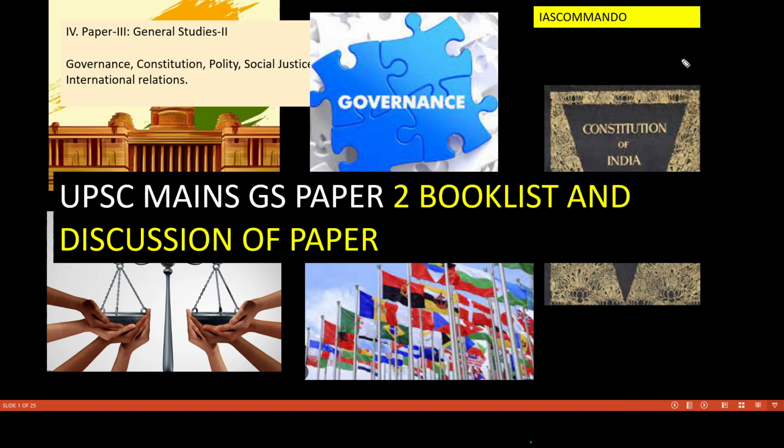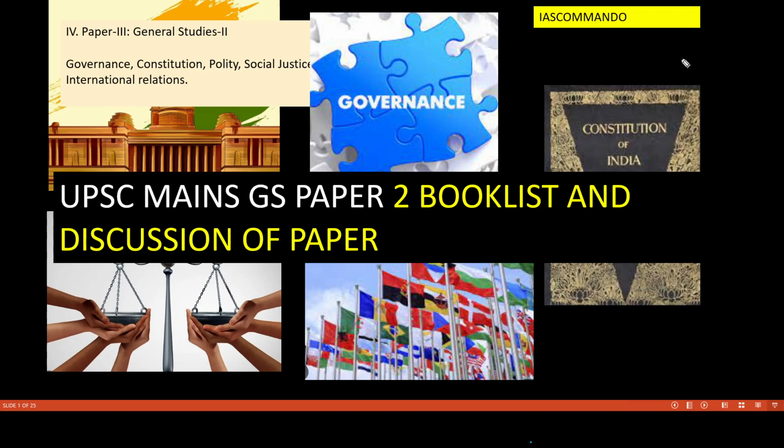First of all, the language of this paper is a little bit difficult, in the sense that it is related to polity and the constitution, and multiple readings have to be given to absorb the subjects. Also, the issues in this paper, for example social justice and poverty, need not only current affairs but also the basic theory.